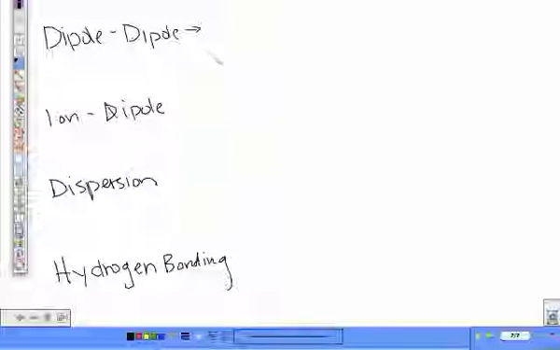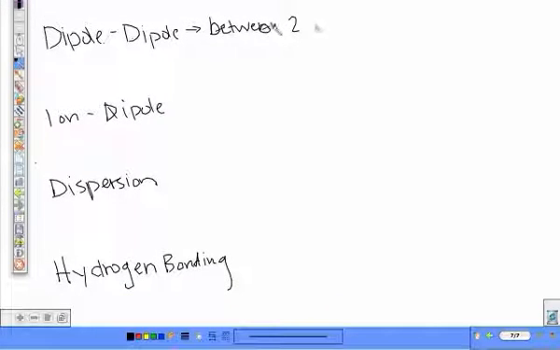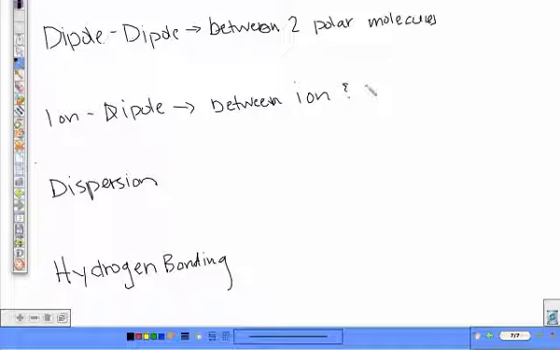So what is a dipole-dipole force? They're between what? Between 2 polar molecules. What about an ion-dipole? An ion and a dipole, which is on a what? Polar molecule.